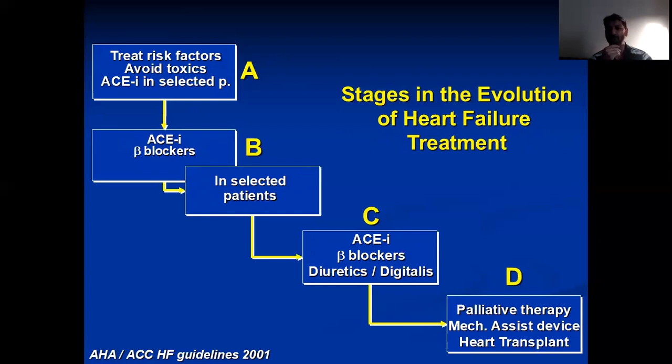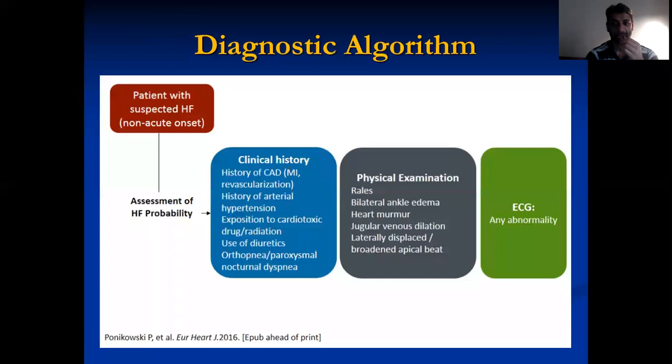And in stage D, you may need a lot of palliative measures, heart transplant, assist devices and all that. So it's very important to keep the pace of that progression very low. With conventional treatment or conventional medication, you should be able to take care of your patient.